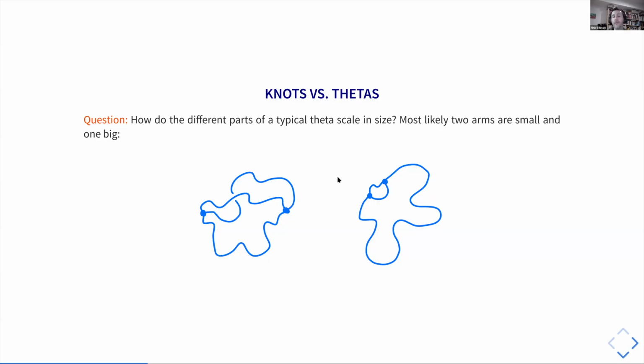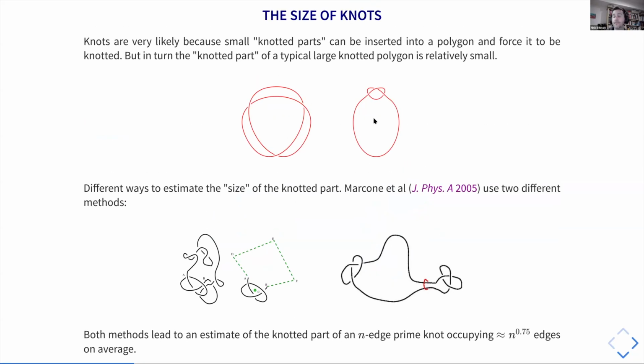Or does the average theta graph tend to look more like this, where I've got 2 little arms that are quite short and one arm which is quite long? And if it's this picture, how big does this bit end up being? How does it compare to this picture up here?